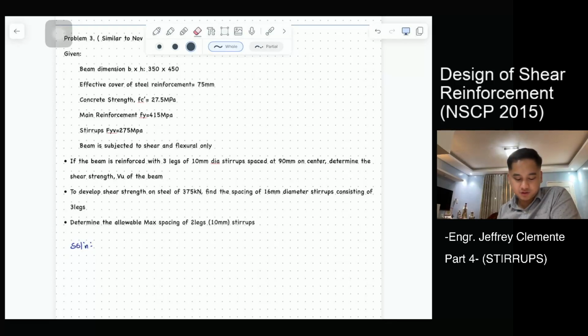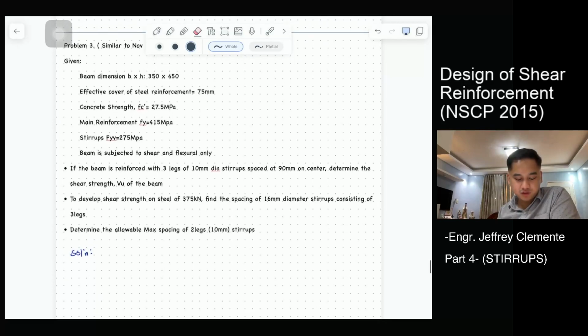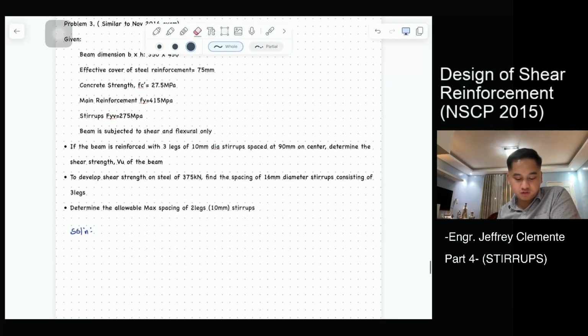Okay? So, let's continue. First question is, if the beam is reinforced with 3 legs of 10 mm diameter stirrups spaced at 90 on center, determine the shear strength Vu of the beam. So, Vu ang tinatanong. Pero walang binigay na loads eh. So, ang gagamitin mo ngayon is yung mga strength niya, di ba? Ano ba ang Vu?